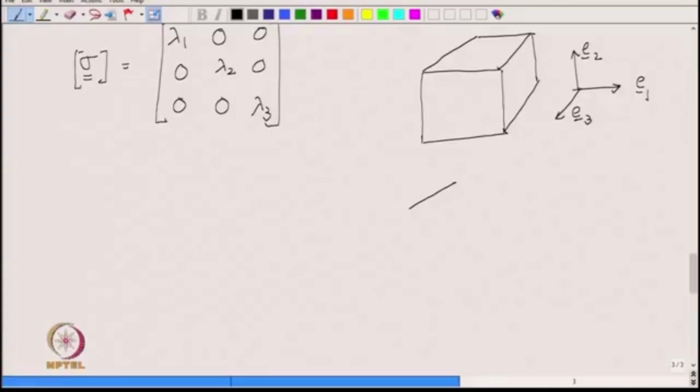So, maybe something like this. And now the perpendiculars are the eigenvectors n1, then you have n2 and you also have n3.